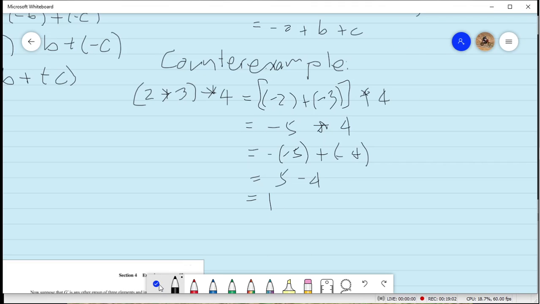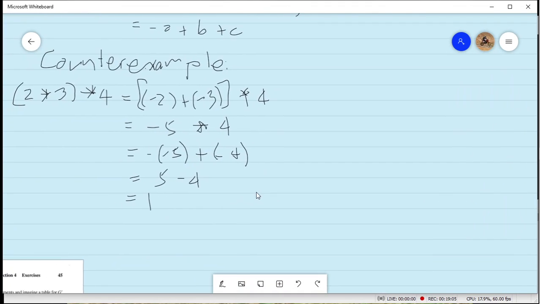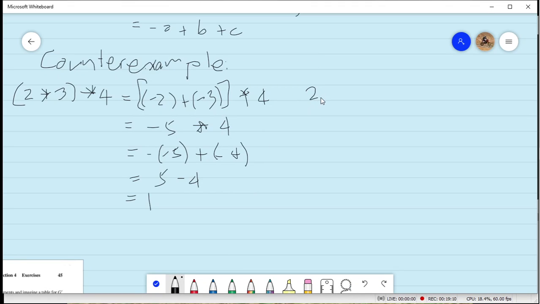Whereas, if we take the expression where the grouping is not the same as that, but the order is the same, so that is 2 operation the quantity 3 operation 4, this would be 2 operation the quantity negative 3 plus negative of 4.